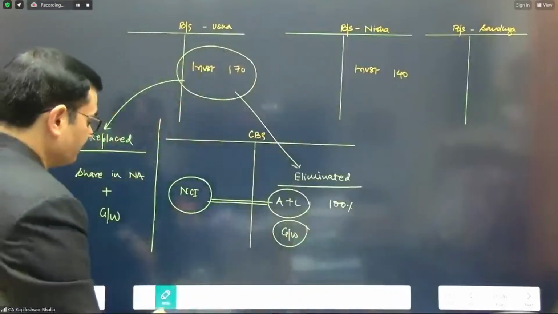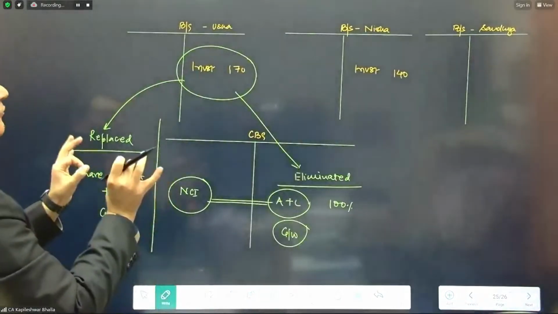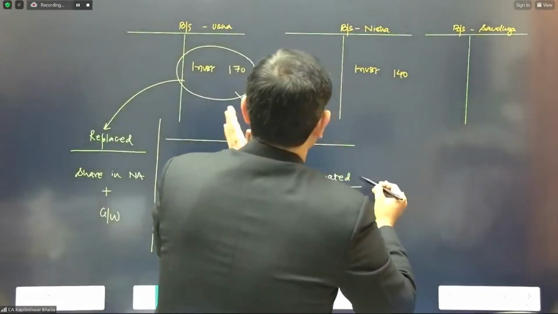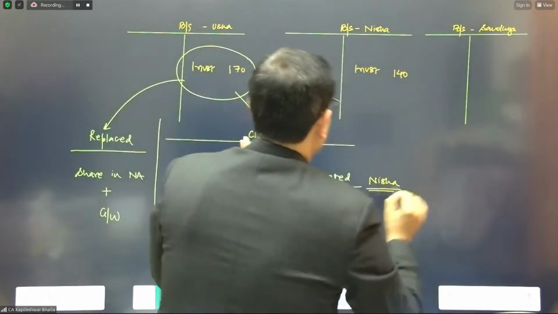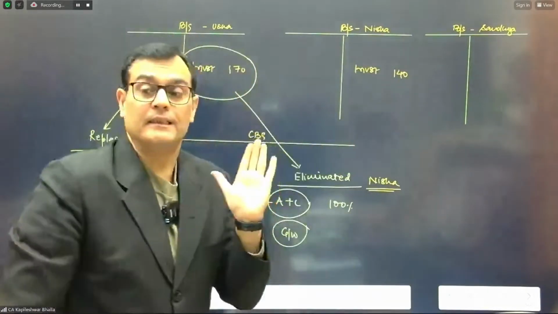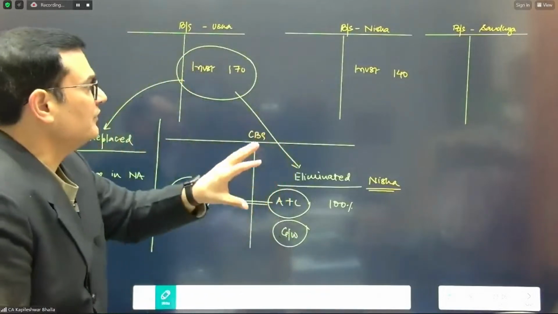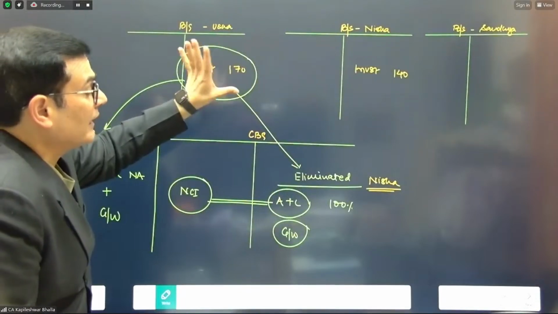Now let's move further. First of all, if you consider Usha's investment in Nisha, we never took any effective percentages, which means you took this entire 170 in the goodwill calculation.